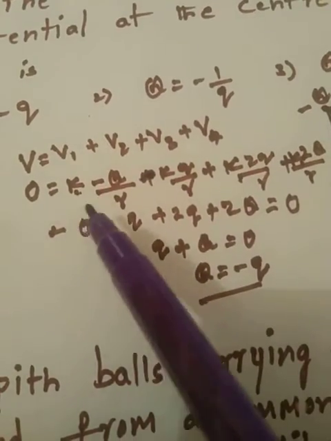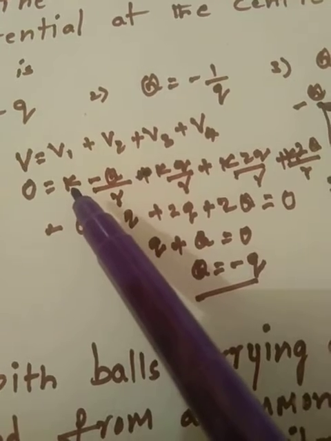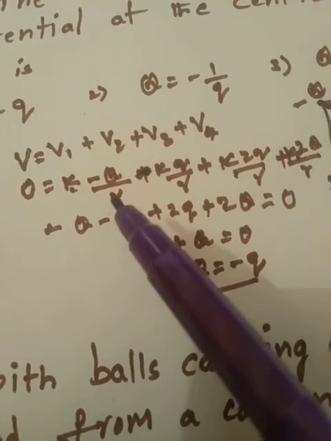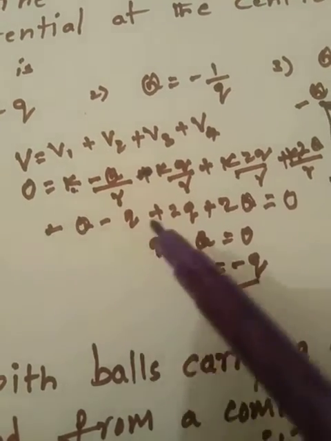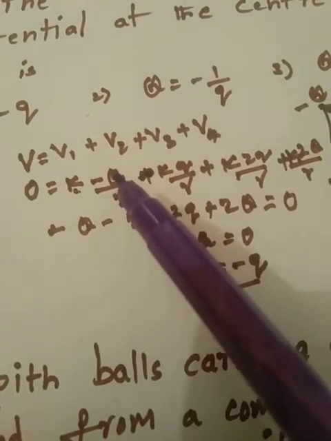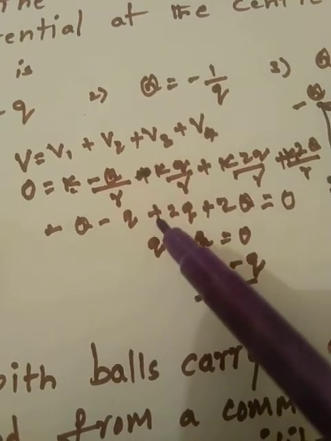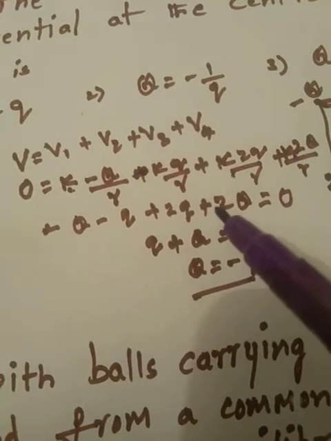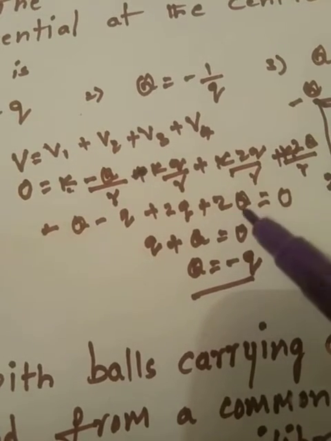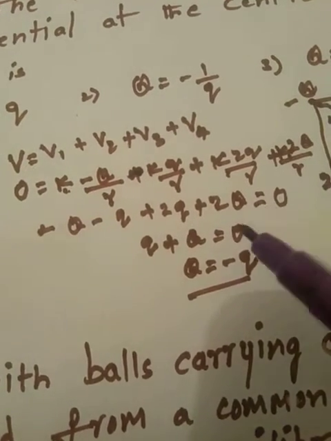On simplification, k and r we can take common, and the remaining will be minus q minus Q plus 2q plus 2Q, which is equal to 0.